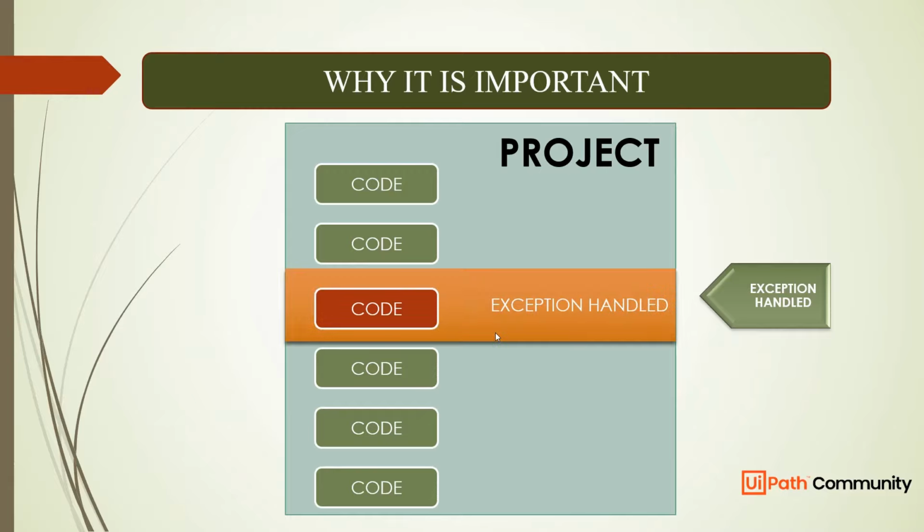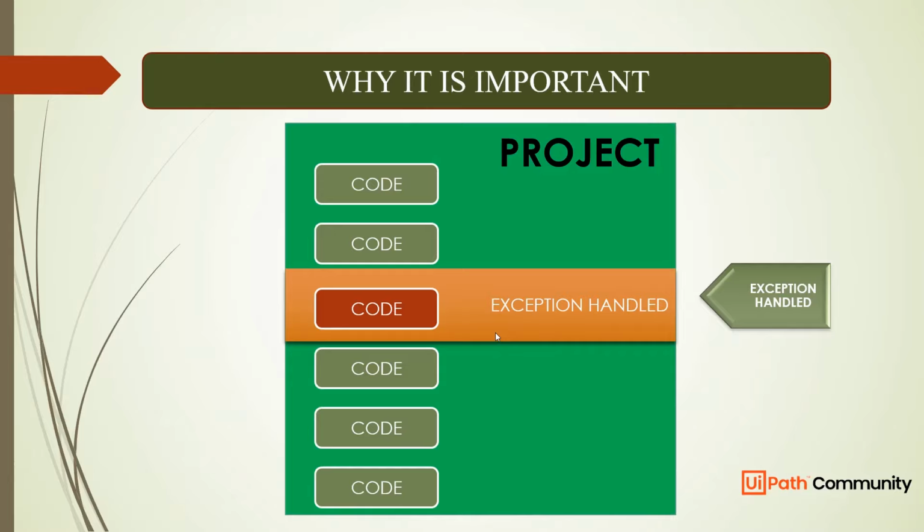When I say exception handling, I mean that I have to encapsulate this code with the help of a try and a catch block. Whichever code I feel might generate an exception is encapsulated in a try catch block. Now, since the exception handling is done, it does not impact the other pieces of the code and your project still continues to run perfectly. So that is why we have to do the exception handling.